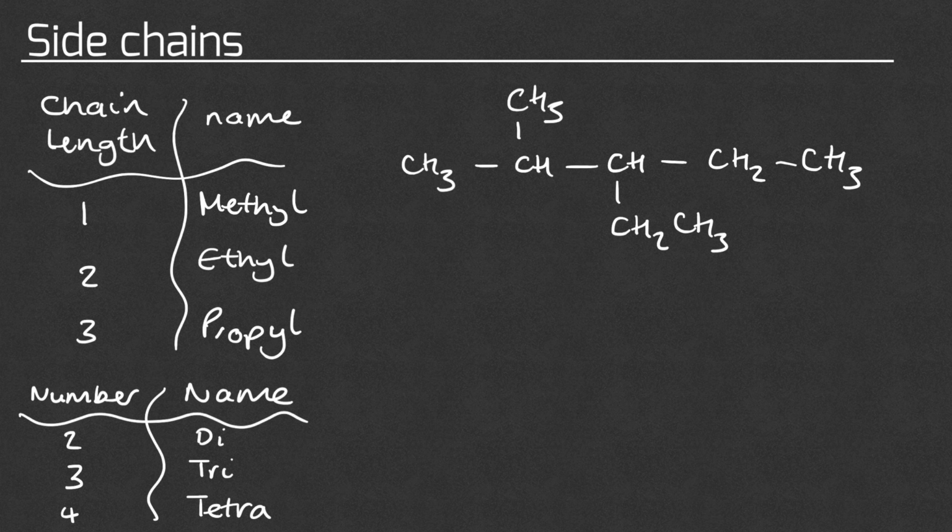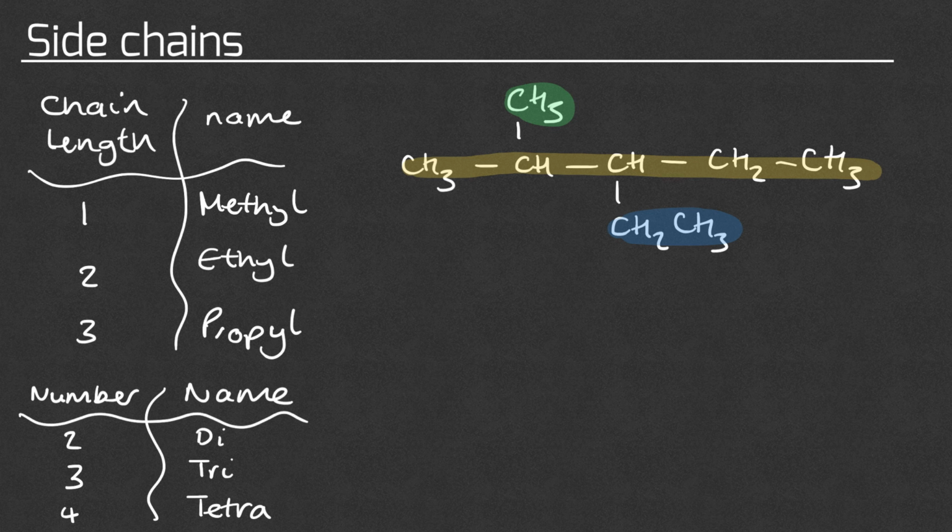This time, we've got 2 side chains on the molecule. It's not going to affect how we name it. We're going to go through that same process again. The longest straight chain has got 5 carbons in it. We've got 1 side chain here with 1 carbon in it, and another side chain here which has got 2 carbons in it.